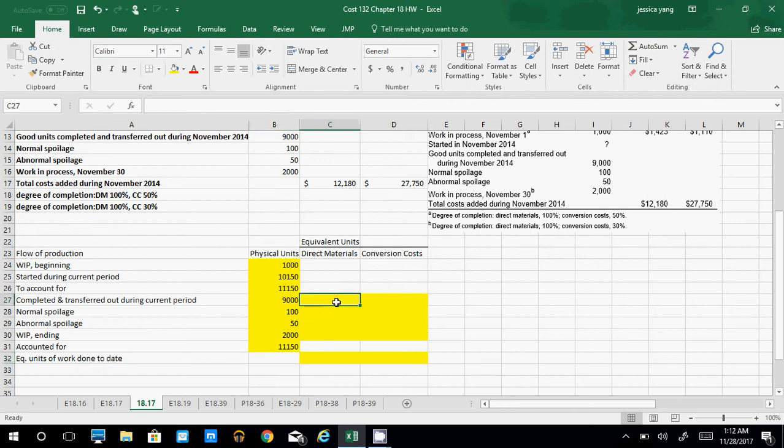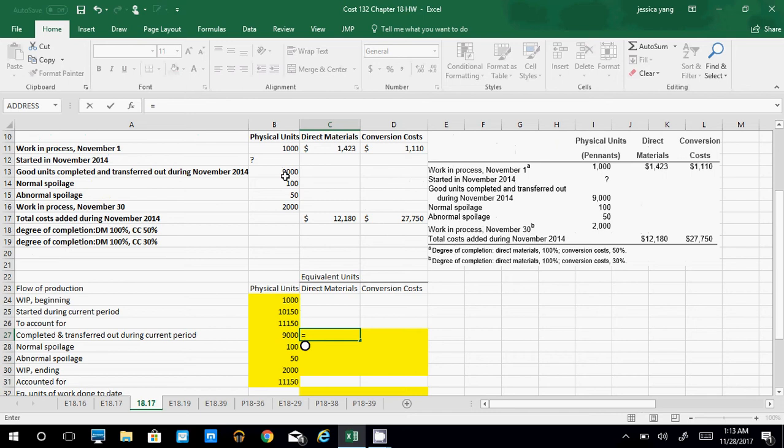To find equivalent units for direct material, I would take 9,000 physical units for the good units completed and transferred out during November 2014 and multiply by 100%, which gives me a total of 9,000 equivalent units in direct material.